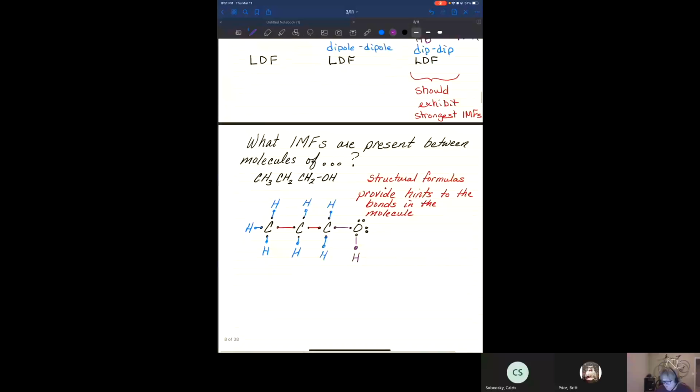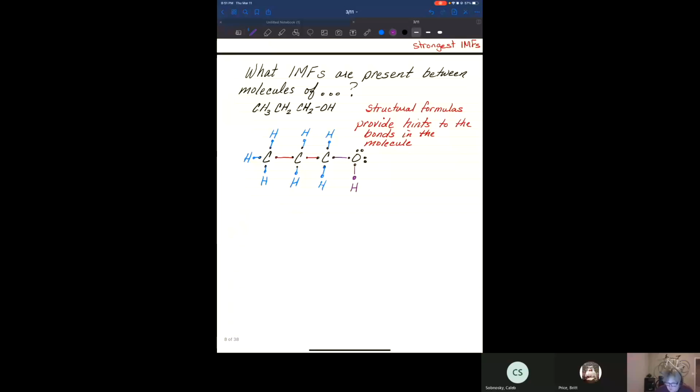The reason why I say these are sometimes easier to draw than some of the Lewis structures we were doing in class is because the formula gives you a real big indication as to how this thing gets put together.